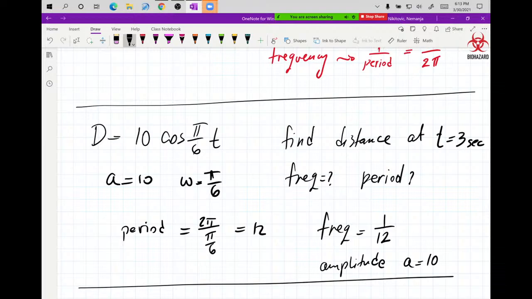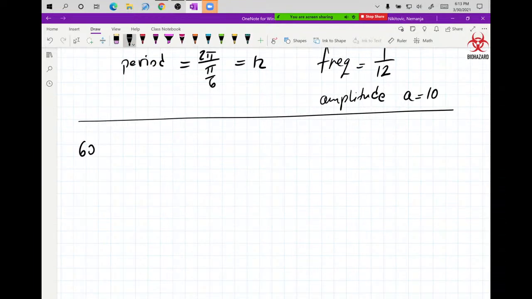All right, so let's pick one more word problem. Problem 60. It says an object in simple harmonic motion has a frequency of 1/4 oscillation per minute and an amplitude of 8 feet.